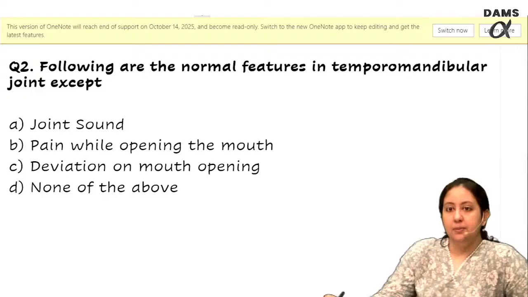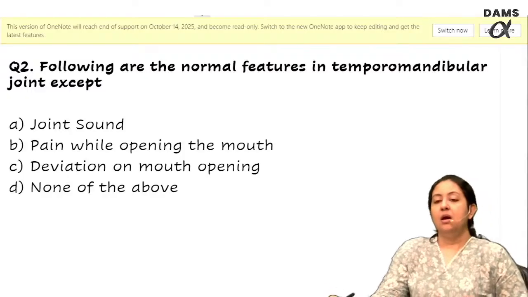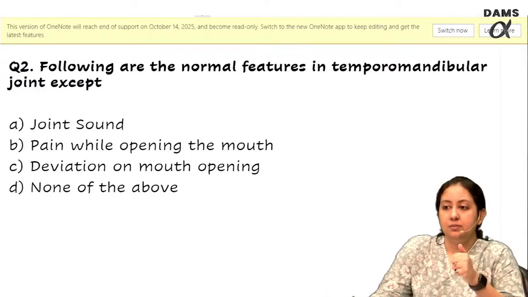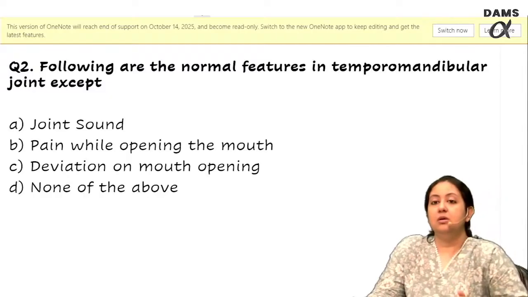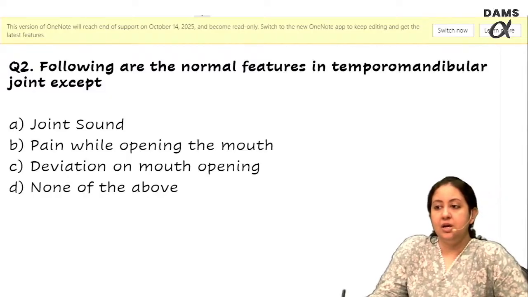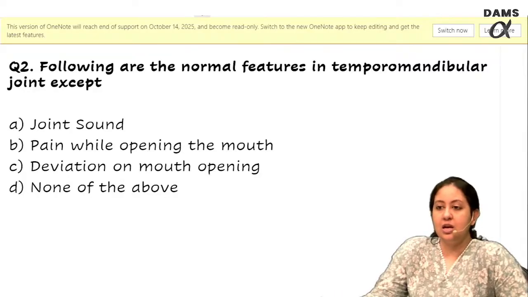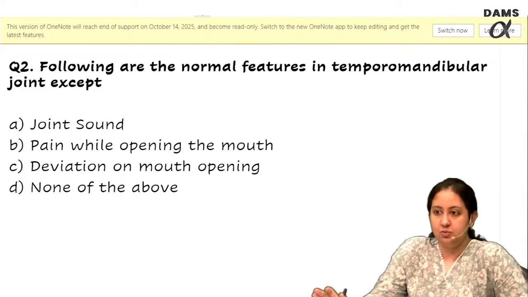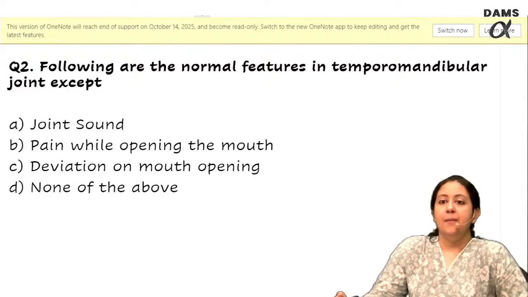Joint sound. Now, please remember, joint sound can be seen associated with pathology, and joint sound can also be present without any underlying pathology. Why? I'll tell you, just wait.